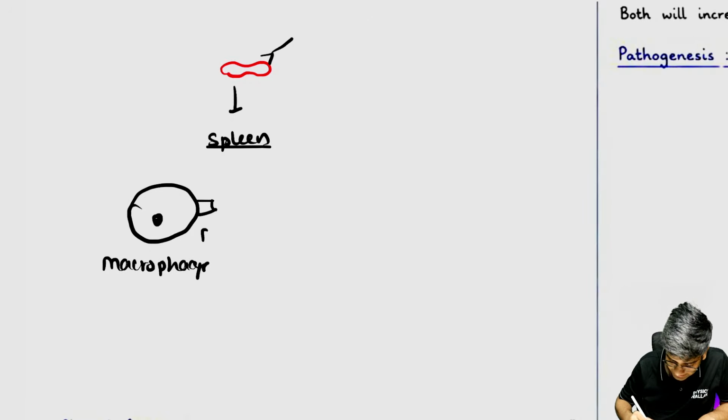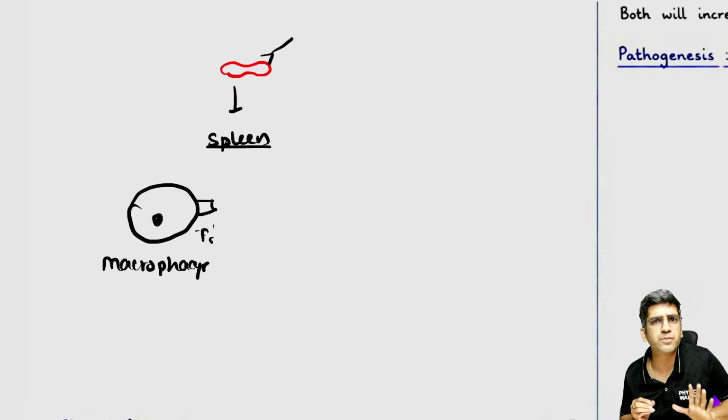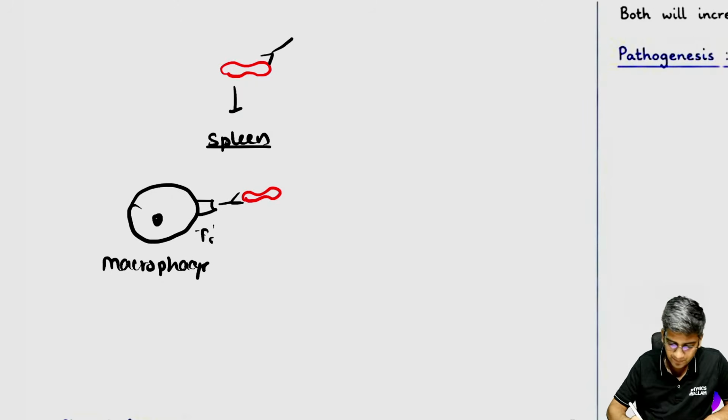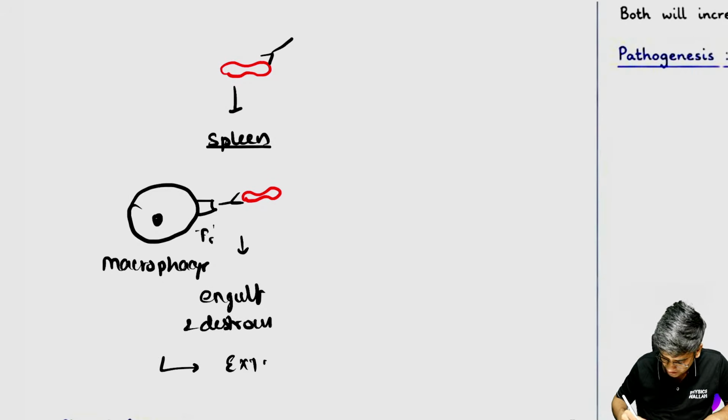Which will have Fc receptor for the immunoglobulin, right? Constant chain receptor, that's all. So the immunoglobulin binds here. Unfortunately, the RBC bound to it also binds here, and then it will engulf and it will destroy. Okay. This causes classical extravascular hemolysis.